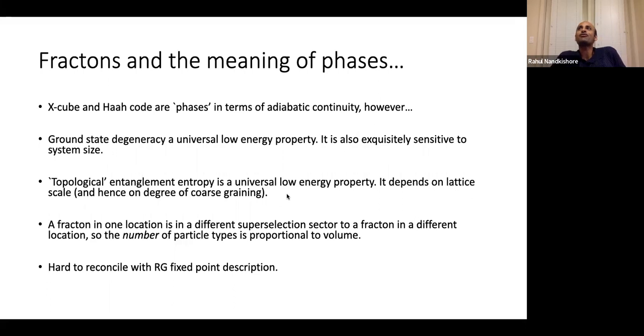Any sort of field theoretic description of fracton phases, or RG fixed point type description of fracton phases, is going to need to retain some information about how the theory was regulated in the UV.